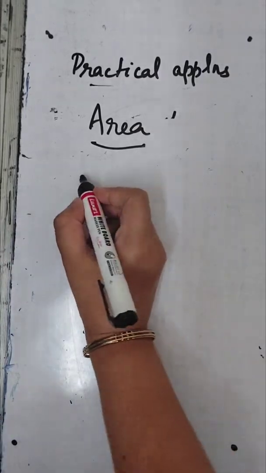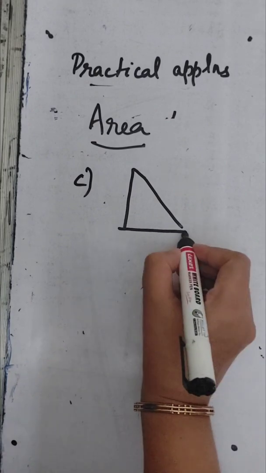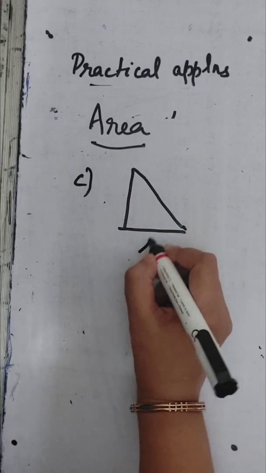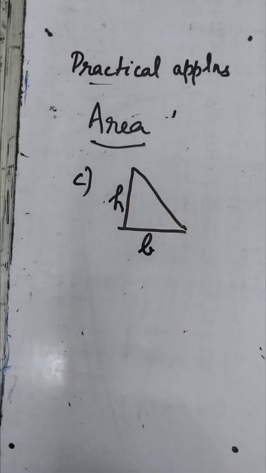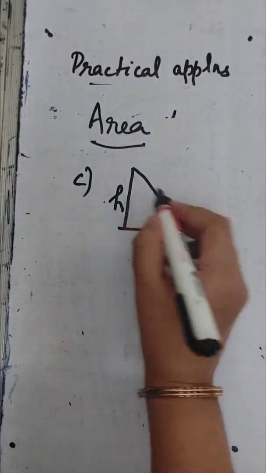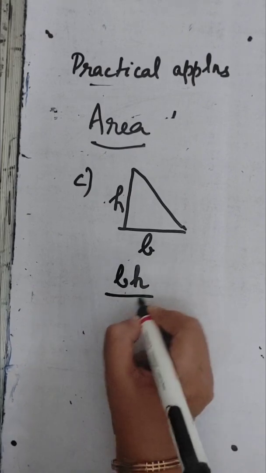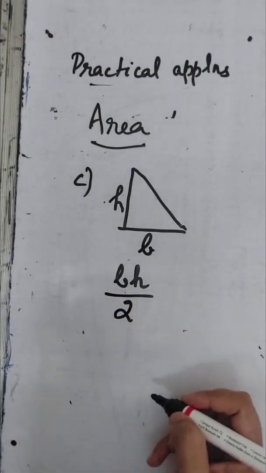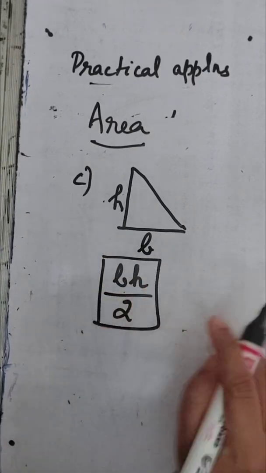Now similarly, take a right triangle. Let B be the base of this triangle and H be the height. Okay, so the value of area here will be BH by 2 or half BH. Okay, so this is again an algebraic expression.